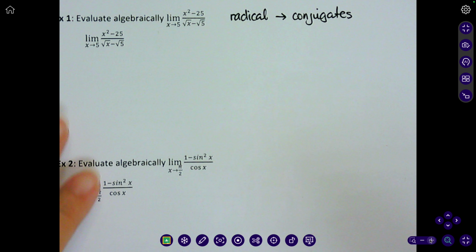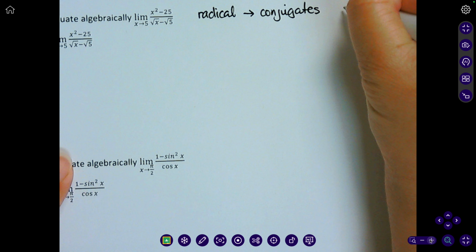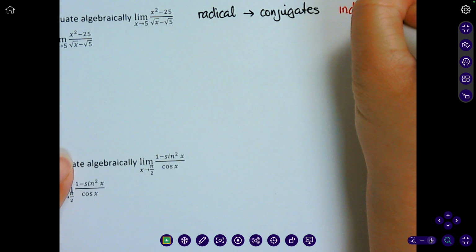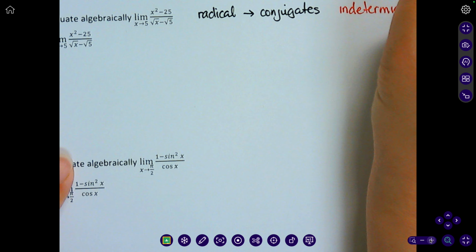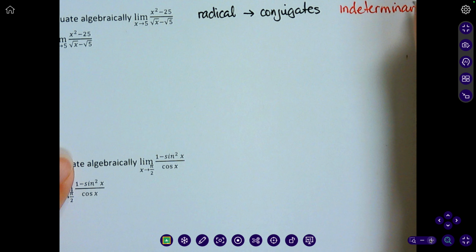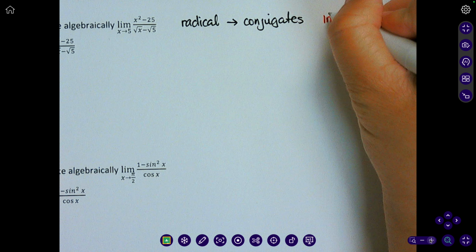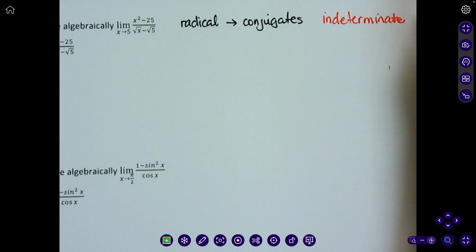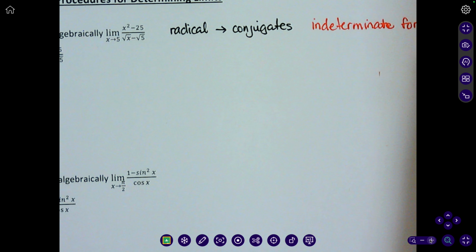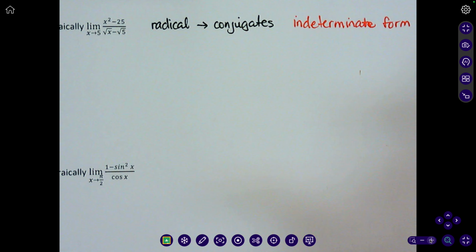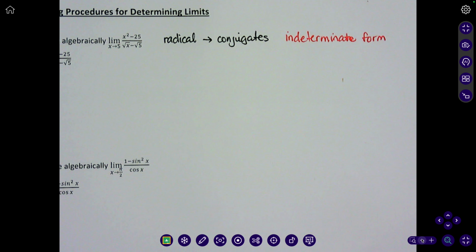Are we good? So here, this problem is indeterminate. This is called indeterminate form. There are two forms: it's either 0 over 0 or infinity over infinity.